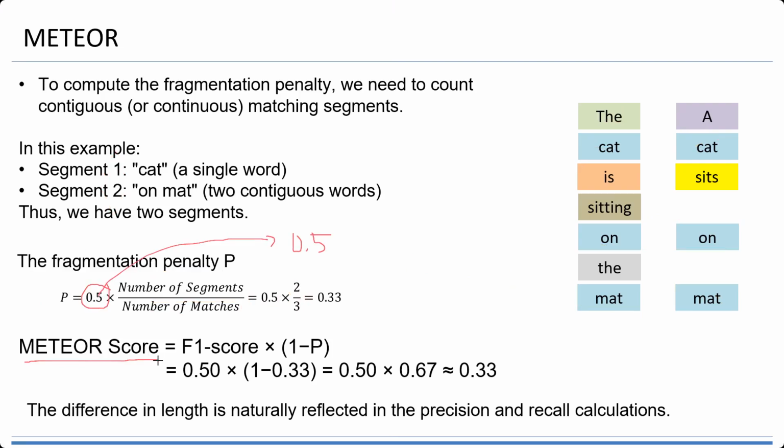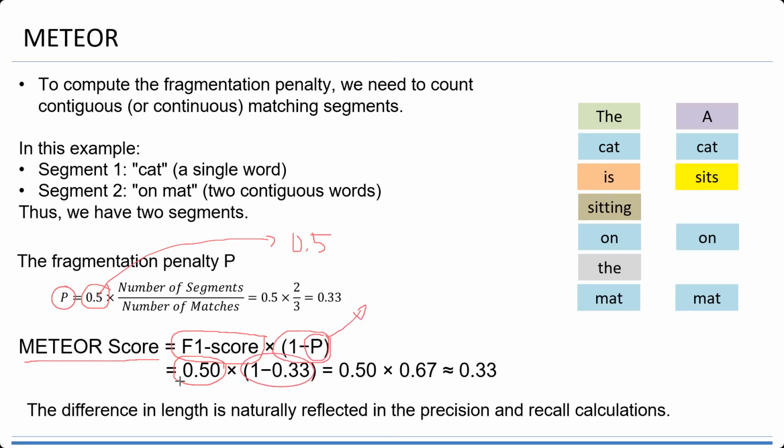So the meteor score will be the multiplication of the F1. F1 is the 0.5. And then we will multiply with 1 minus the P, 1 minus the penalty. So if the penalty is very high, it means 1 minus 0.6, so this will be very low.